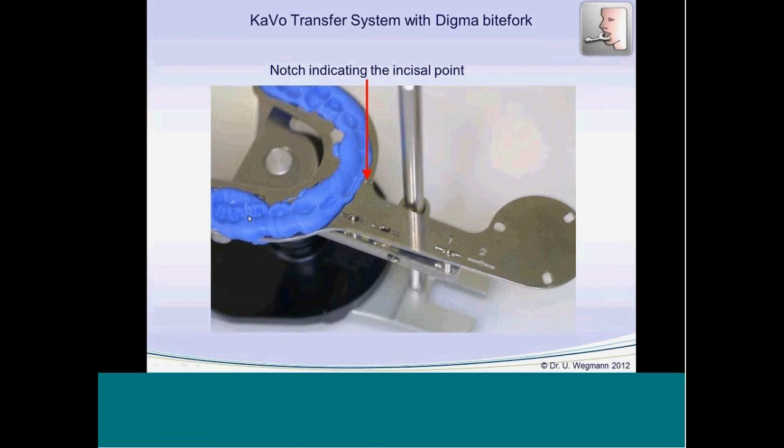You can see the impressions, and the only thing you have to do is to adjust this indicating mark for the incisal point to the incisal point of the upper teeth.